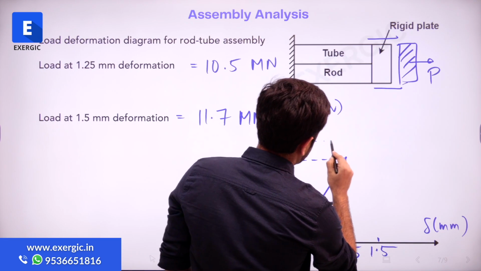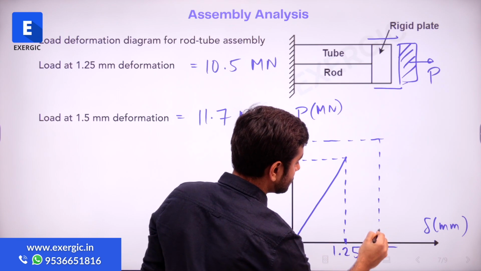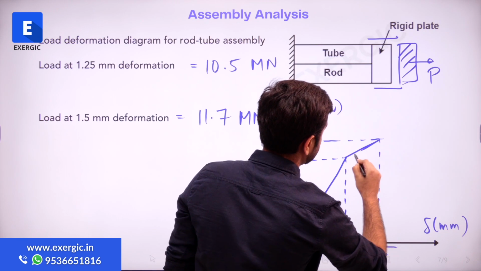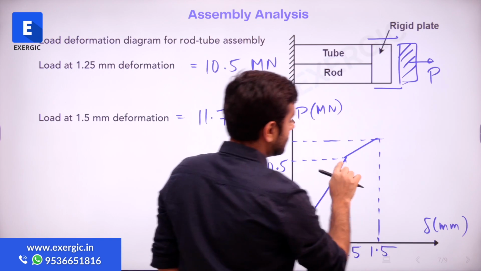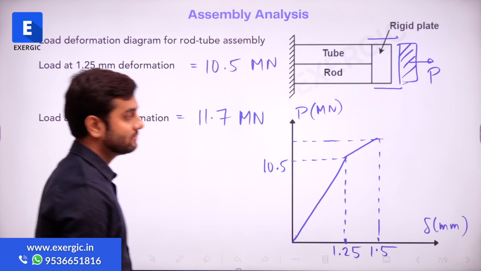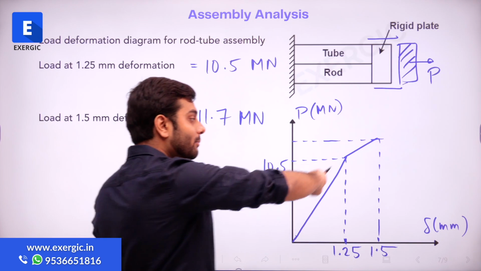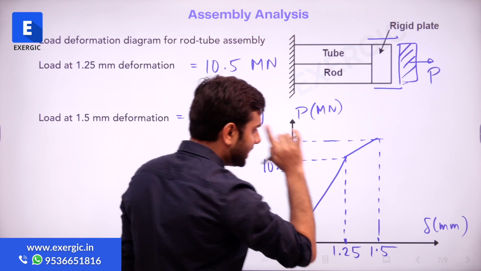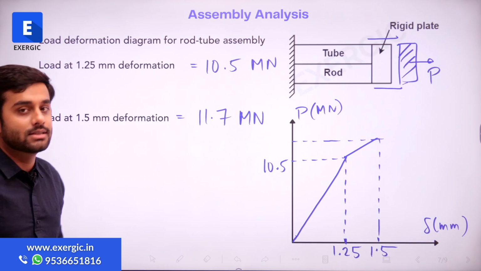Now there is one important point here, which you can actually analyze also, that the slope that they will be having after this point will change, right? The slope is not going to be the same throughout, because up to this point, think what is happening. Up to 1.25, what is happening? Both of them are elastic.